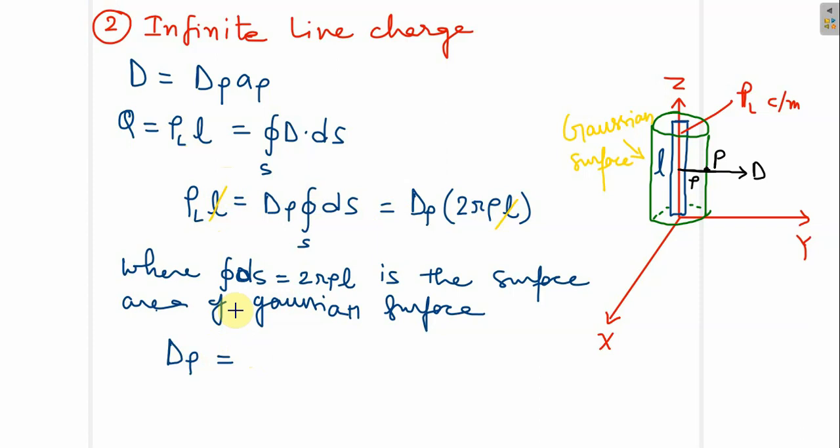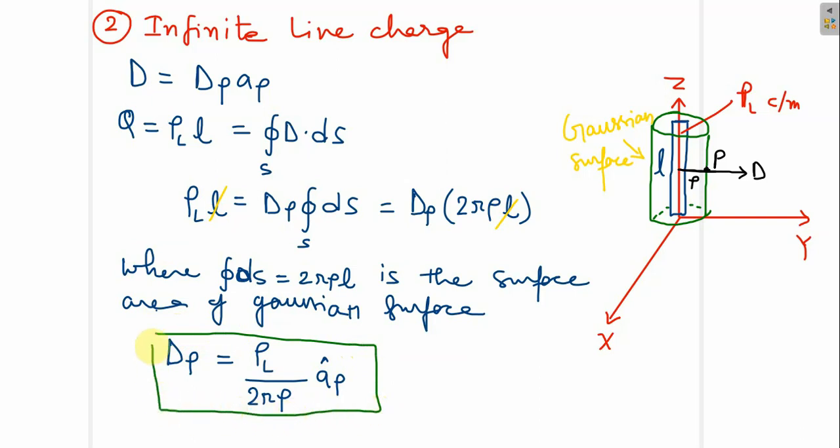So D rho equals rho L upon 2 pi rho. Okay, so this is the electric flux density due to this line charge kept on the z axis. So it's simple to determine using Gauss law.